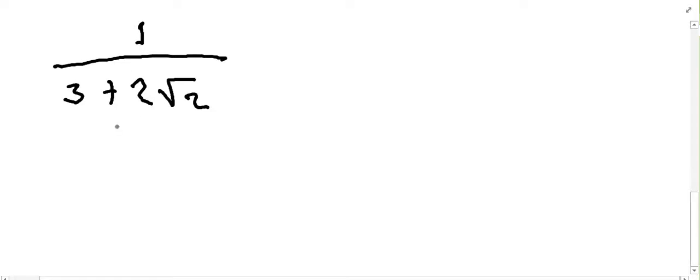Okay, so for you to work this out, you just simply need to find the conjugate of that. So the conjugate here is going to be 3 minus 2 square root 2.